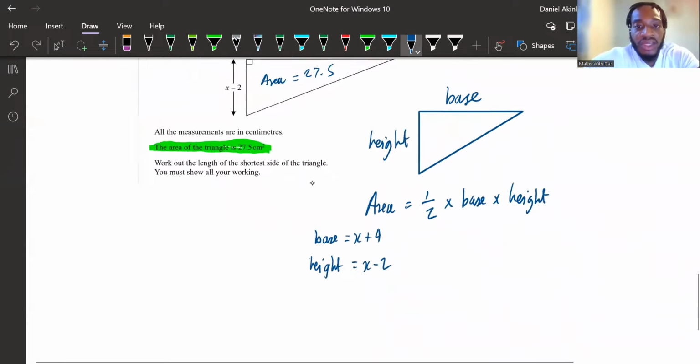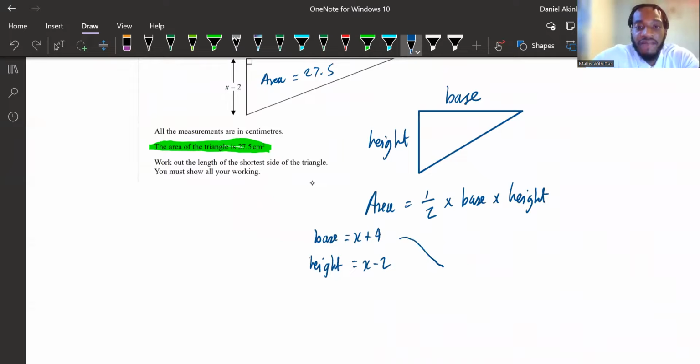If I translate this into the formula, the area is equal to 1/2 times the base. Remember, this has more than one term in it, so I need to put it in a bracket. So I'm going to put x plus 4 here, and then x minus 2.